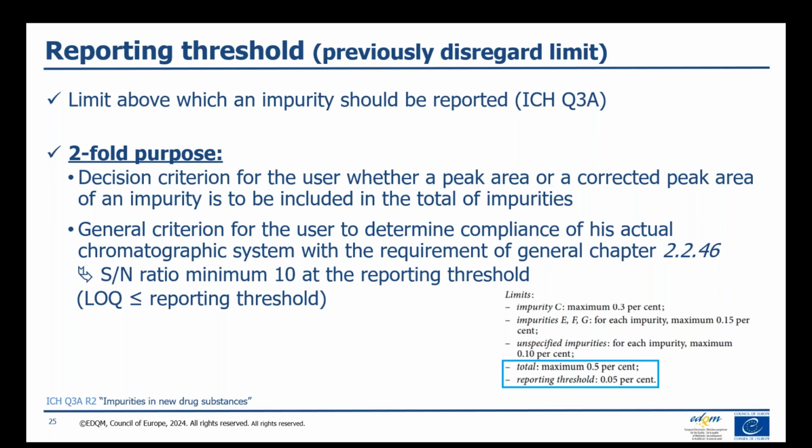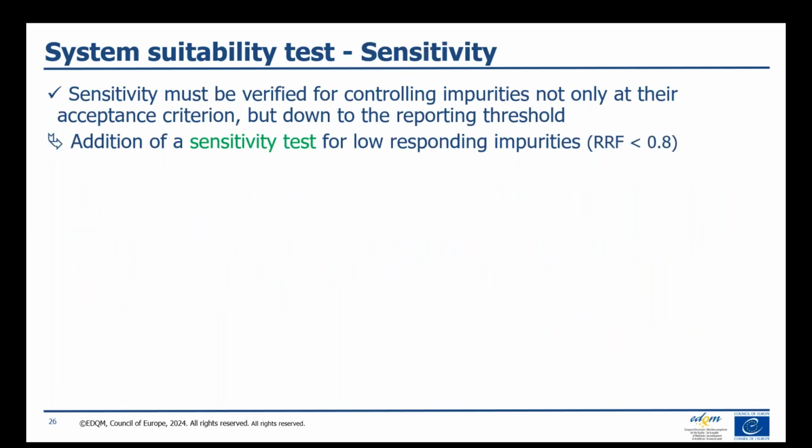And in some monographs, we add an additional sensitivity test. For example, when we know that there is one impurity which has a low response, so when the response factor is found below 0.8.